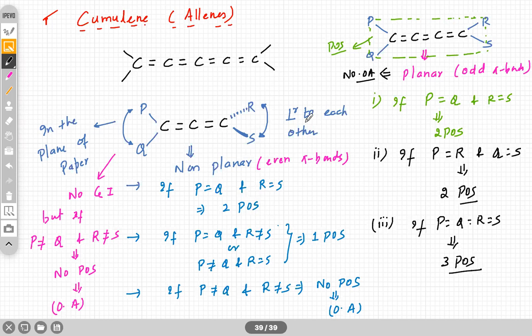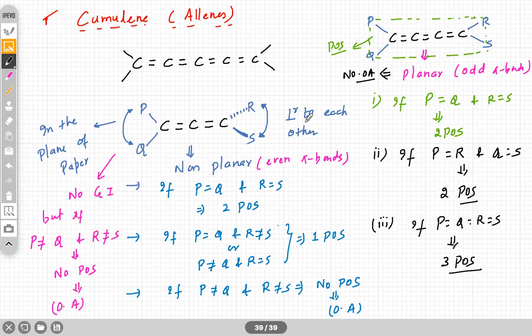So this question they have asked many times in the exam. I'll just sum up, you must keep this in mind. Cumulene, if you have an even number of cumulenes like 2, 4, 6, 8 and so on, even number means even number of double bonds.